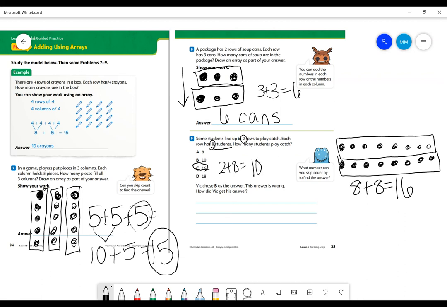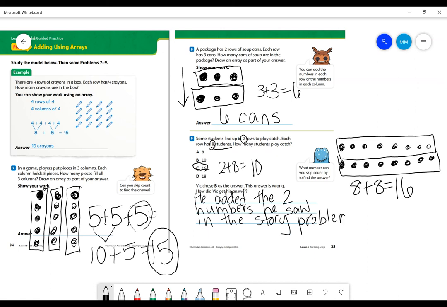So how did Vic get 10? He added the 2 numbers he saw in the story problem. So he didn't read the entire problem to know that the 2 stood for rows and the 8 told us how many were in each row.